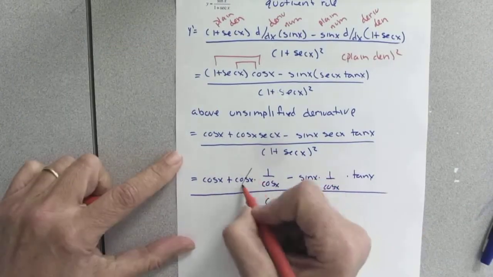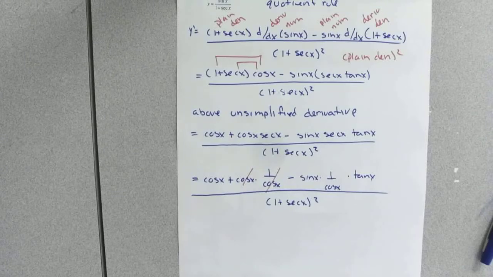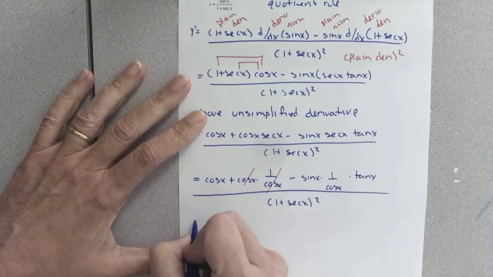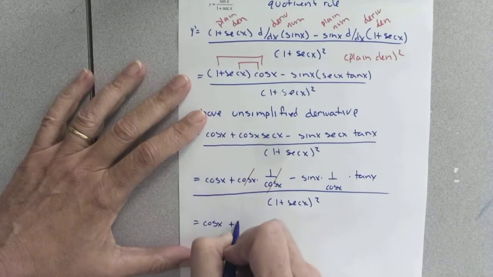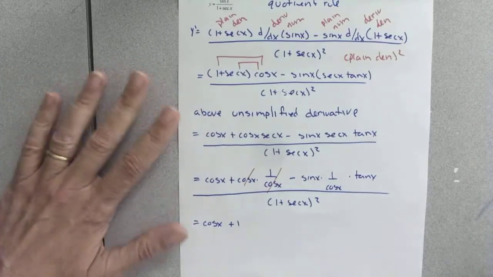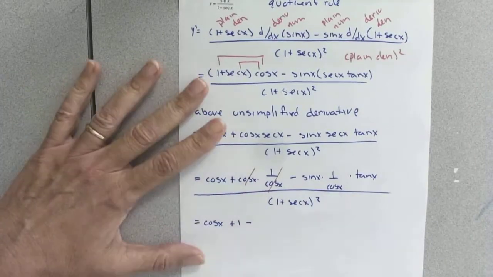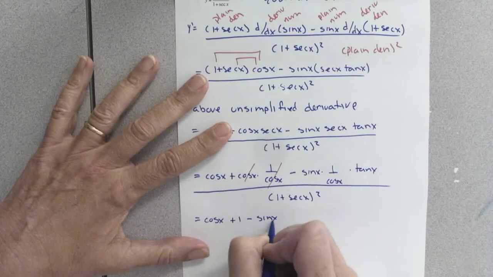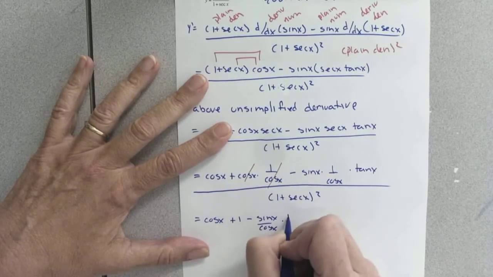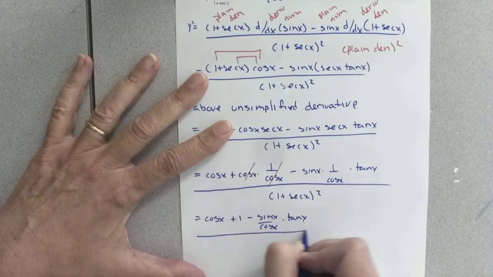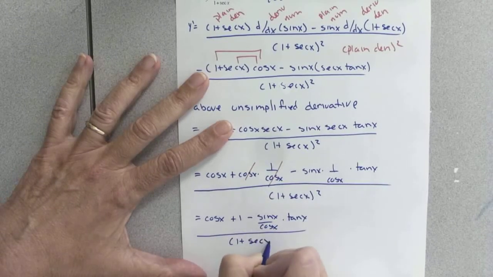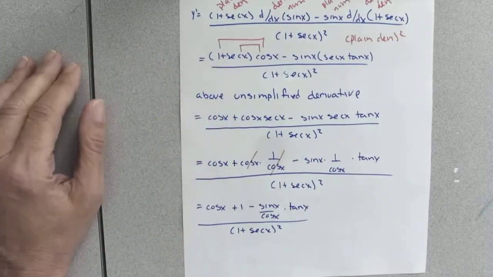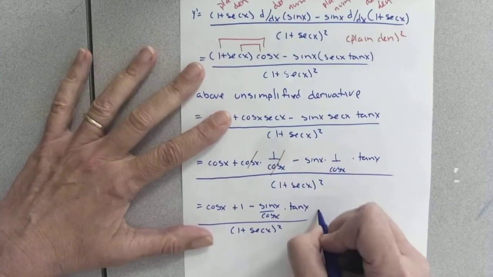And so on this first one, the cosine and the 1 over cosine cancel. And so I have cosine x plus 1. And over here, and we'll take it several steps here, sine times 1 over cosine is sine x over cosine x times the tangent x. And then there's more trigonometry going on here.